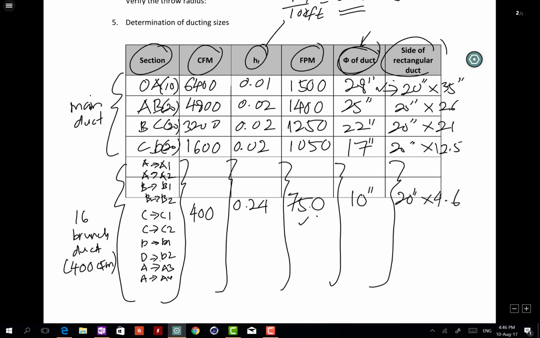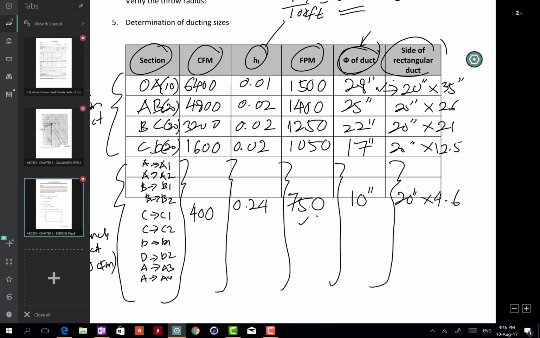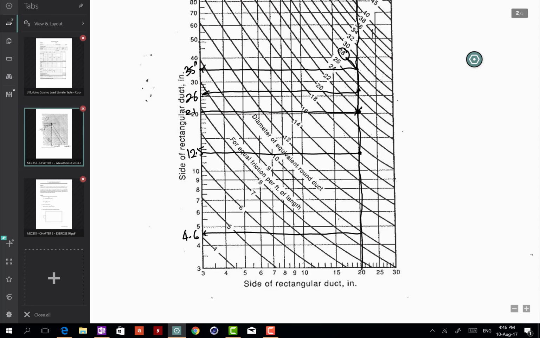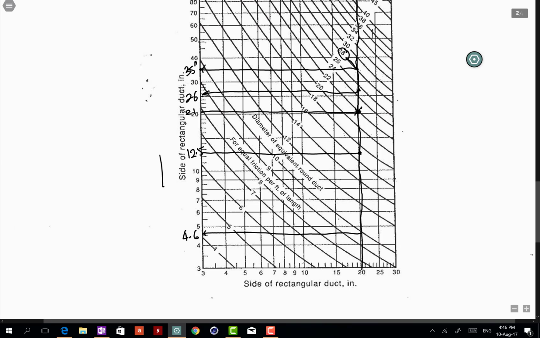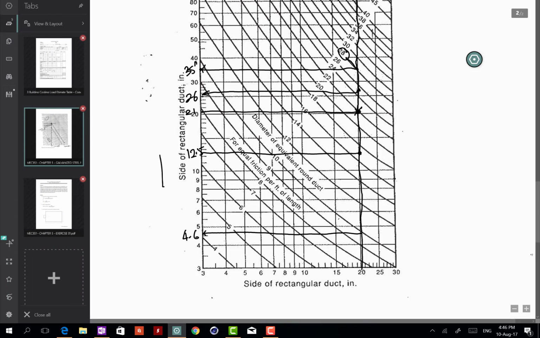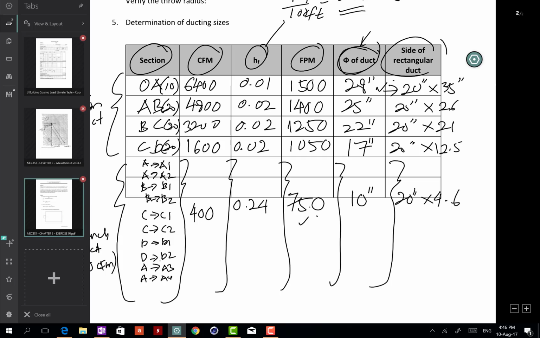Right, so after you have found all of the values for the sides of the rectangular ducting, we fill them into the table here. We got the values 35, 26, 21, 12.5, 4.6. So this is the width of the rectangular ducting.